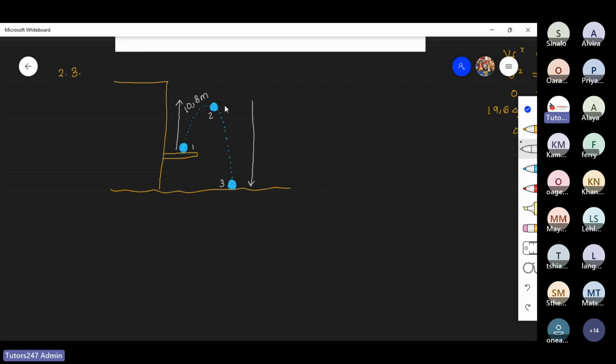We then know that this vector going from 2 to 3 is going to be the 10,3 meters plus some unknown height. Because if you compare the two, 1 to 2 is shorter than 2 to 3. But 2 to 3 has that 10 meter. It has the original 1, 2 vector in it.